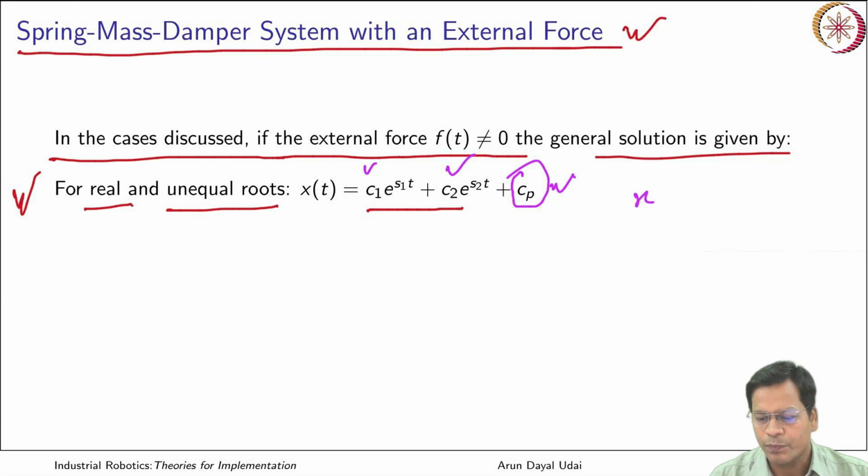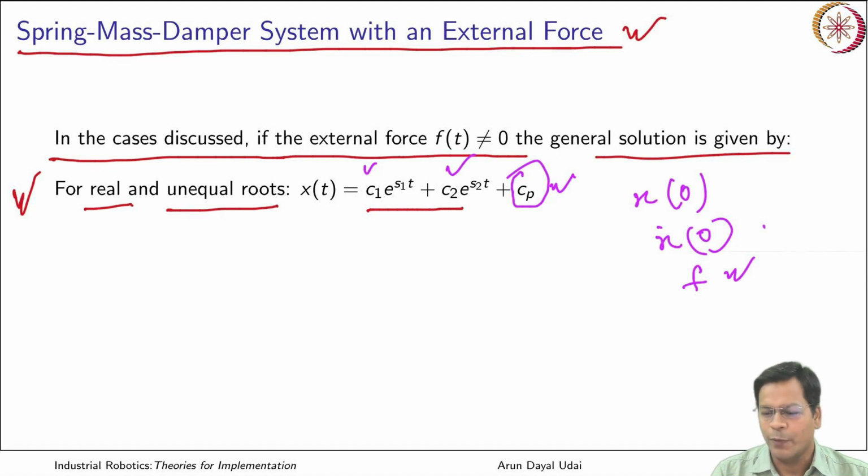So you should know x0, you should also know x dot 0, at t equal to 0, and you should also know how much your F is, what the force value is. So if you also know the third condition, you can get the third constant. Okay, so these two will give C1 and C2 variations, whereas this one will directly affect this one, and all three constants will be calculated using three boundary conditions.